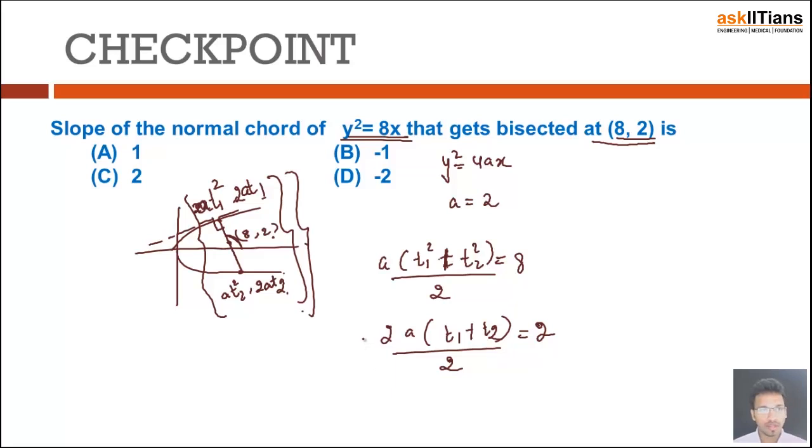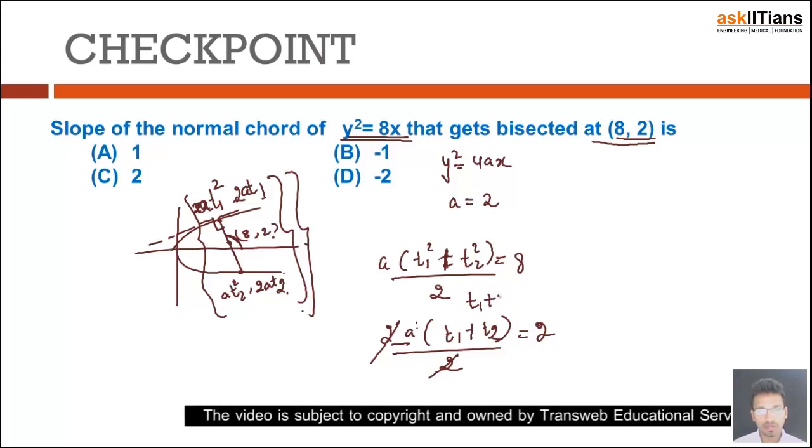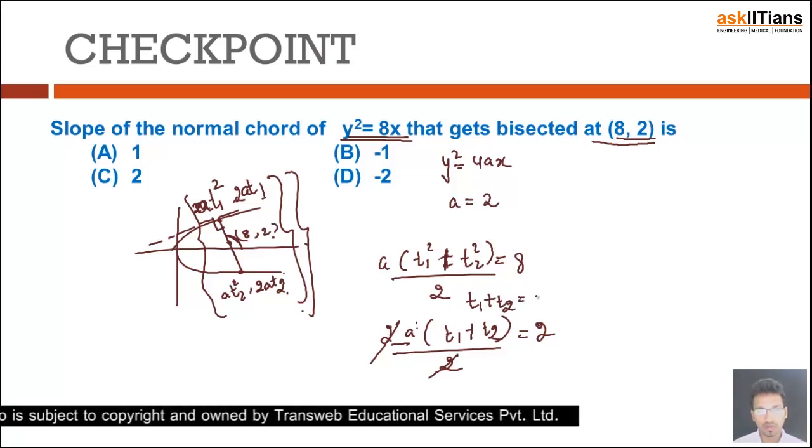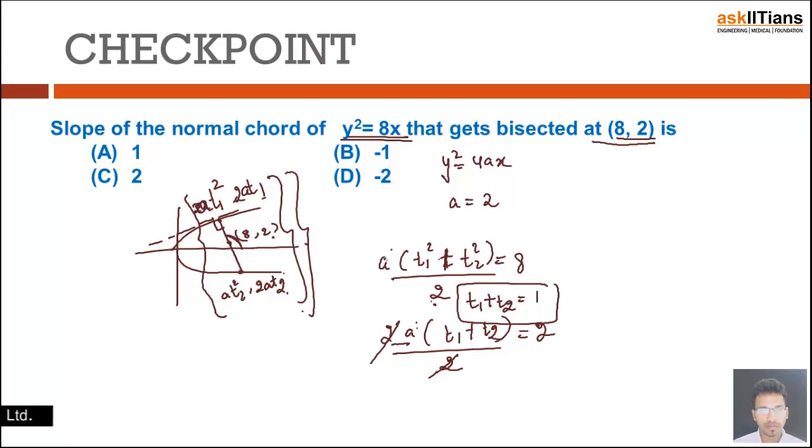Clearly, this 2 will get cancelled, taking 2a common here, and a is again 2. So t1 plus t2 will come out to be 1.